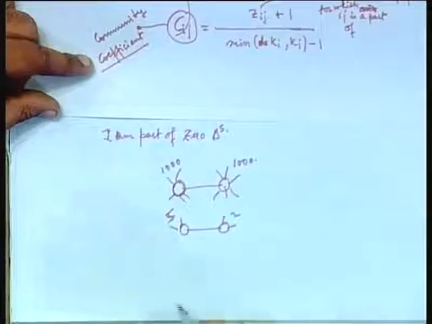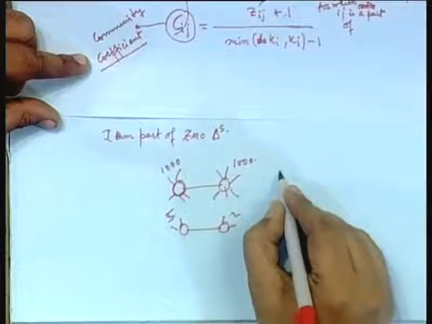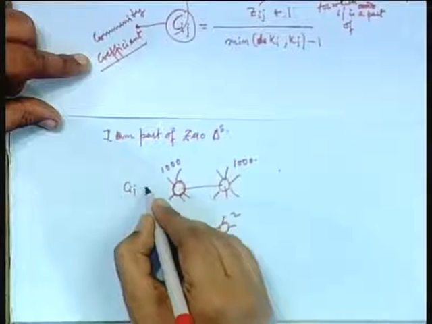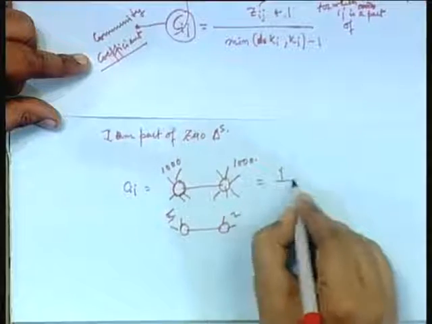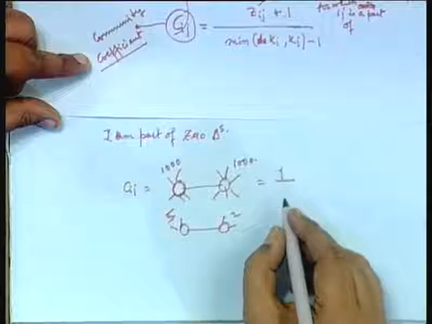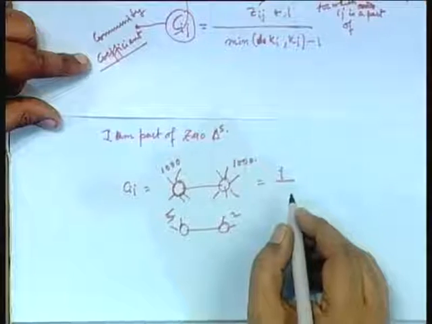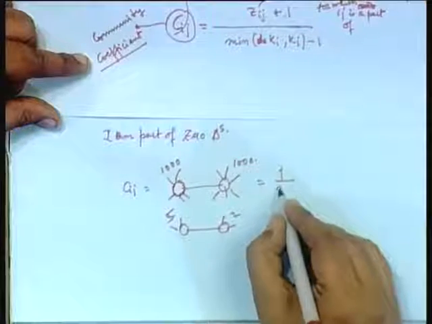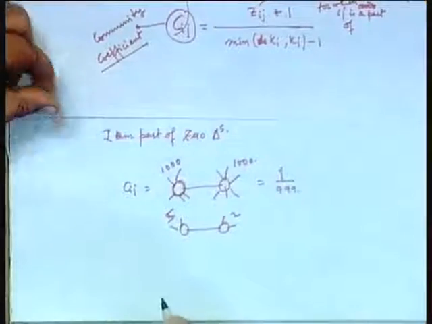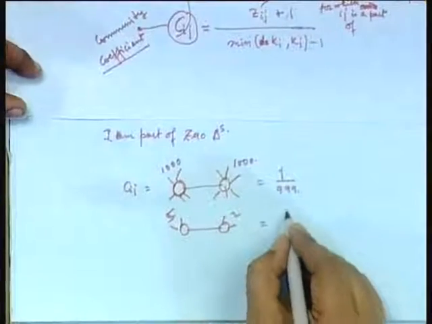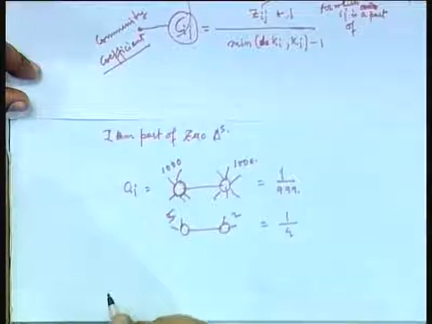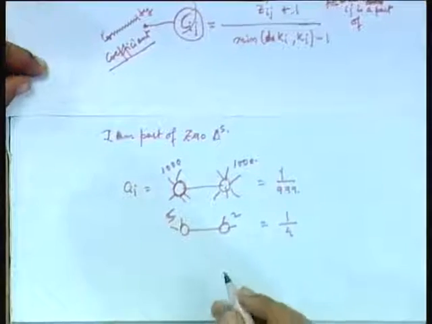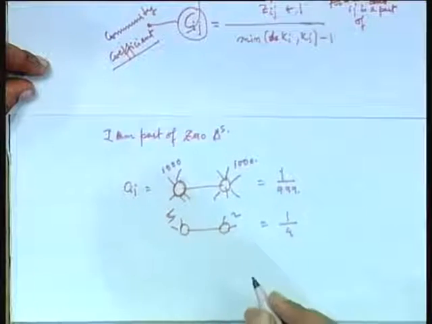If I do not have the 1, in both cases the measure becomes 0. But in this case C_ij becomes 1 by 100, and in this case it becomes 1 by 4. So which is a better community edge?